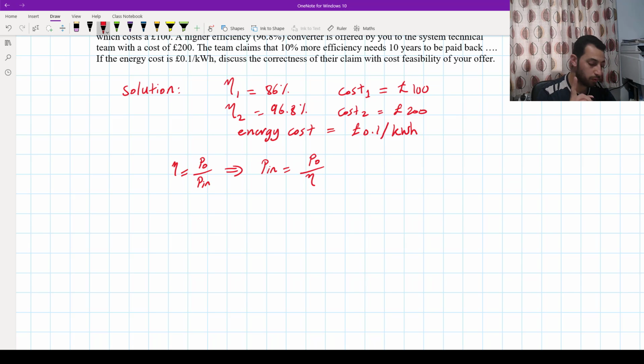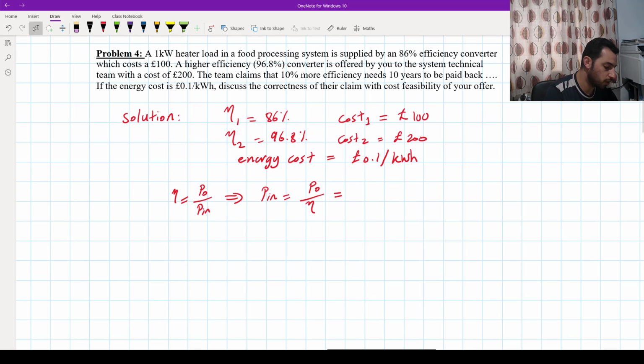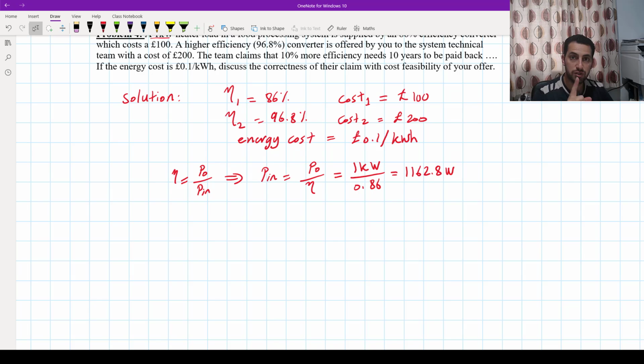And for the first one, we have the power output according to the load here: 1 kilowatt divided by the efficiency of the first one, which is 0.86. That equals 1162.8 watts. So this is the power which is input to their old converter, and that will give us just 1 kilowatt supplying our load.